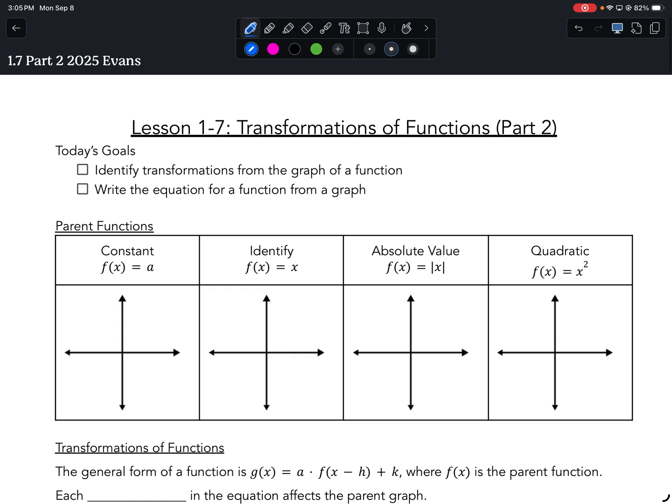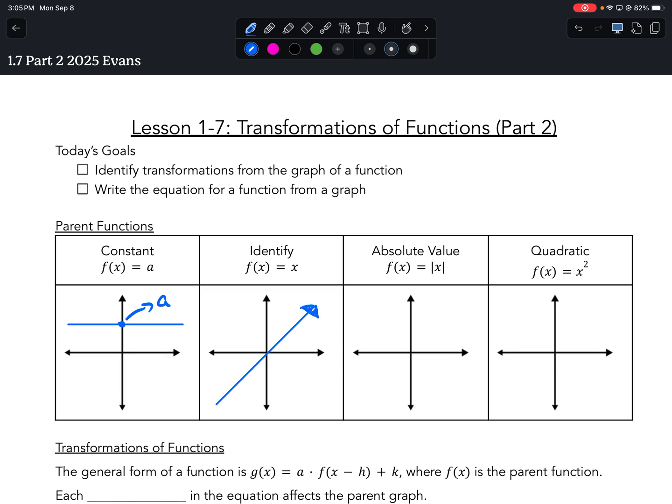Okay, to remind you from Friday, if we have a graph like f of x equals x, that would be this point right here. The identity is the one that cuts quadrants 1 and 3 in half.